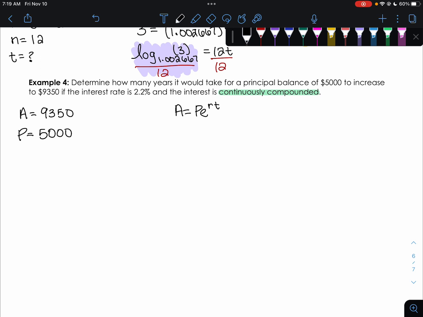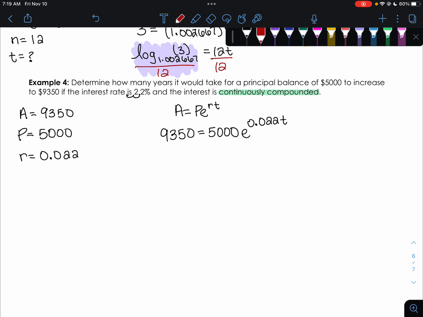e is a button on our calculator, and our rate was 2.2%. If I move that decimal 2 places to the left, it's going to be 0.022. So we plug in this information: 9,350 equals 5,000 times e to the 0.022t power.